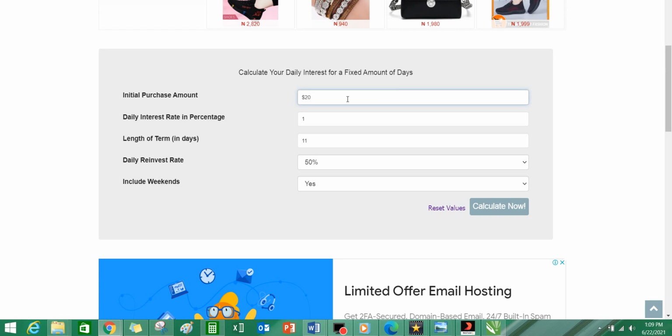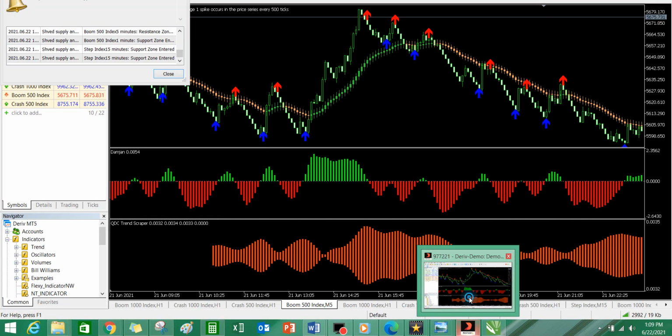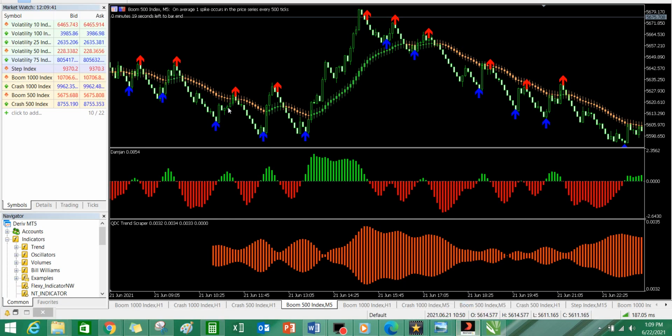You can just pick a 5-minute candle and wait for another opportunity to pick another one, and wait for another opportunity to pick another one. Then you can start with the beginning of the trend until you are able to achieve your daily target. If the trend is still going, once you have achieved your daily target, you can close your trade at that particular point.